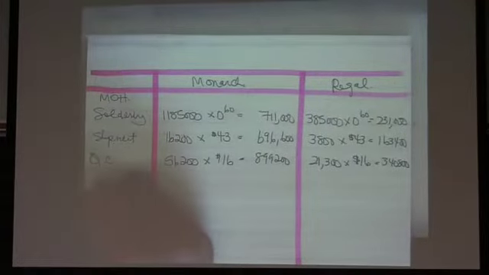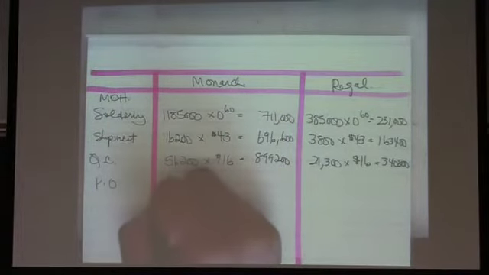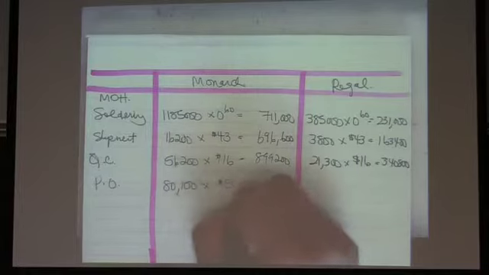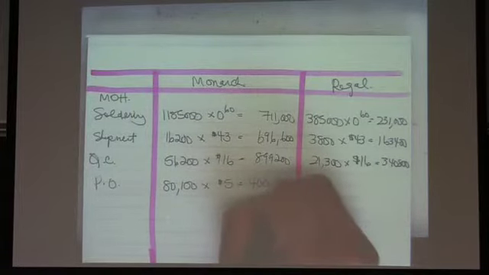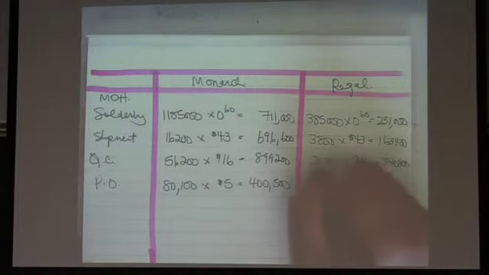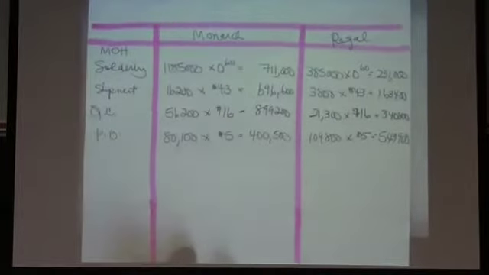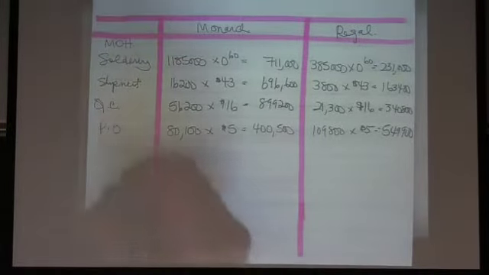Purchase order, 80,100 POs times $5. Next is machine power.